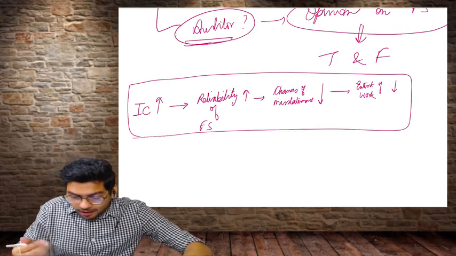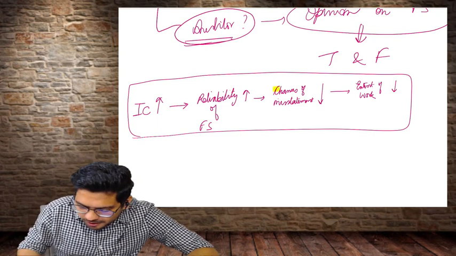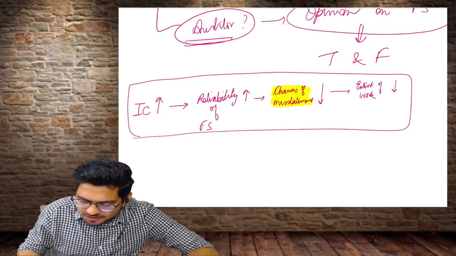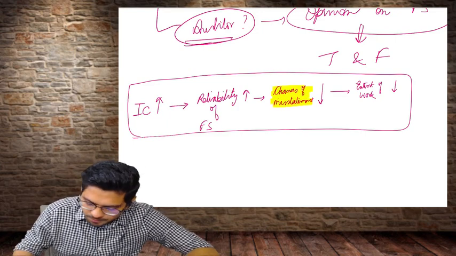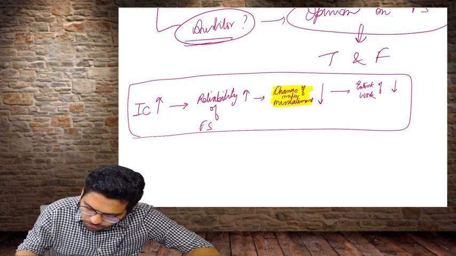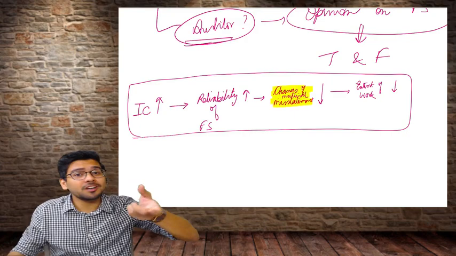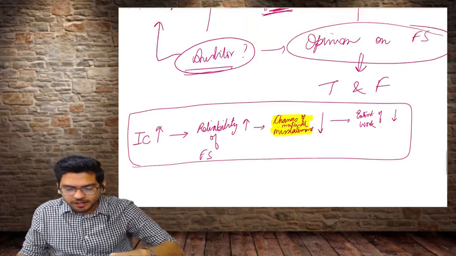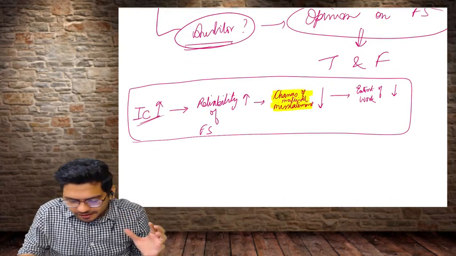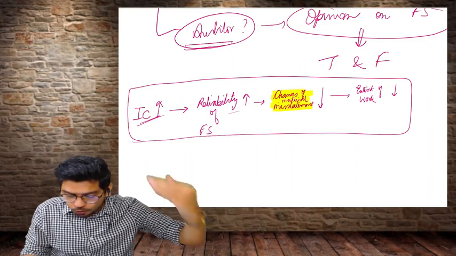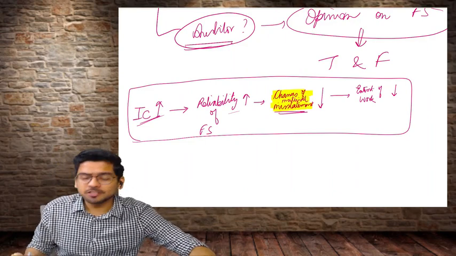Now, when I've been using this phrase again and again, chances of misstatement, rather I should have used chances of material misstatement, because I told you the auditor is concerned with only material misstatements. So when I say internal control is adequate, reliability of financial statements is going to be high, then the chances of material misstatement is going to be low.